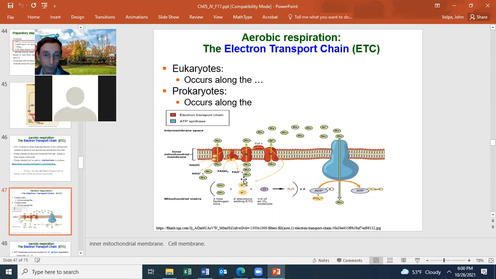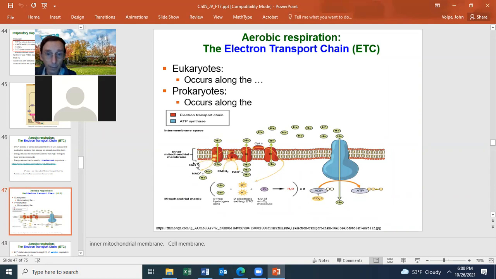It's called the electron transport chain because the electrons transport from NADH to this molecule, to that molecule, to that molecule, and then finally to oxygen. So it's a chain of proteins in a membrane, and it's called the electron transport chain.